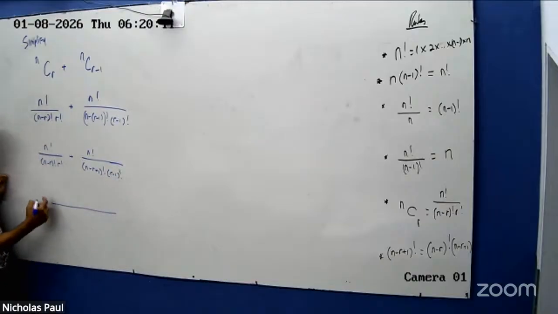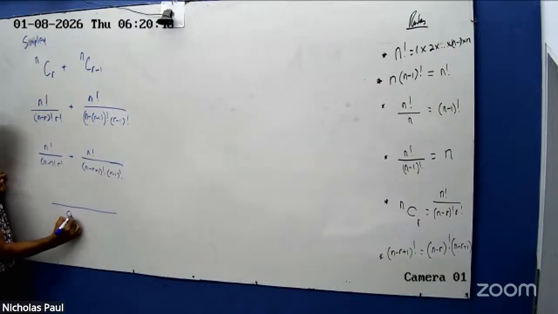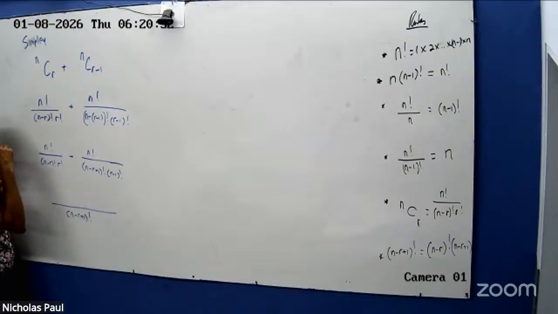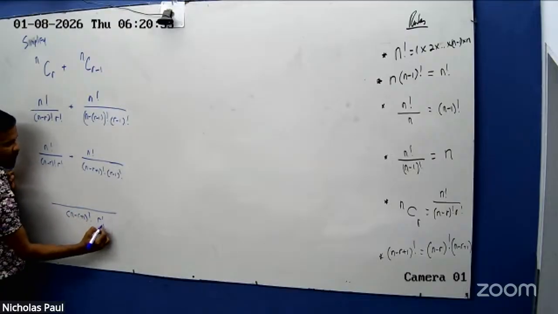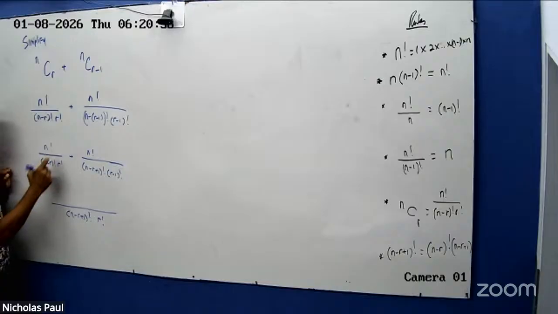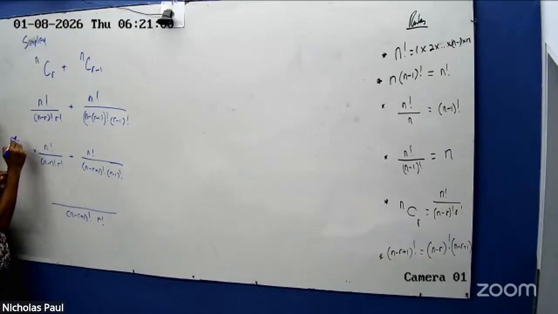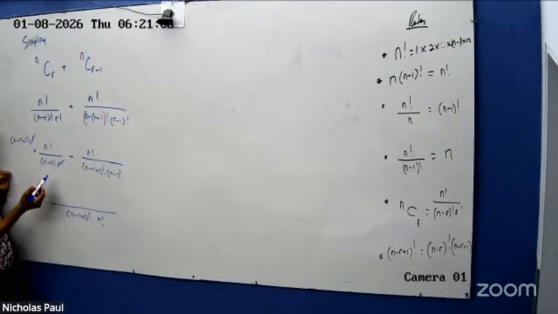Right? What will you factor out? Factor out n minus r plus 1 factorial and r factorial, right? We have n on top, so don't forget that. When I multiply this by n minus r plus 1 factorial by r factorial, the r will cancel, and when you divide, this will cancel with the factorial sign.